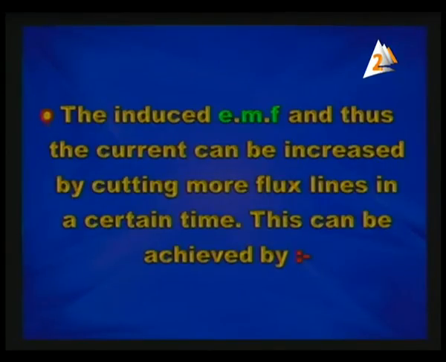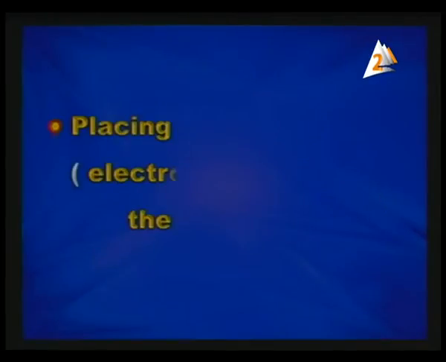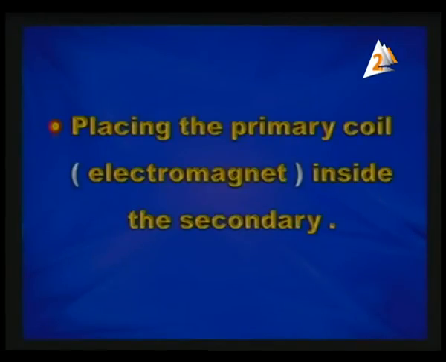This can be achieved by using a larger secondary coil of many turns, and by winding the coil on a soft iron core. Also by placing the primary coil inside the secondary coil.